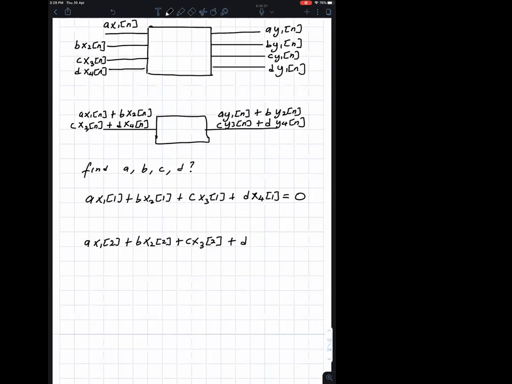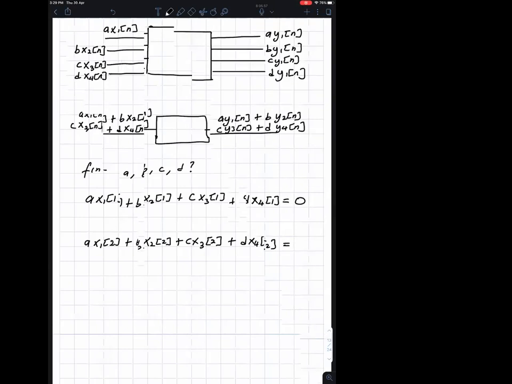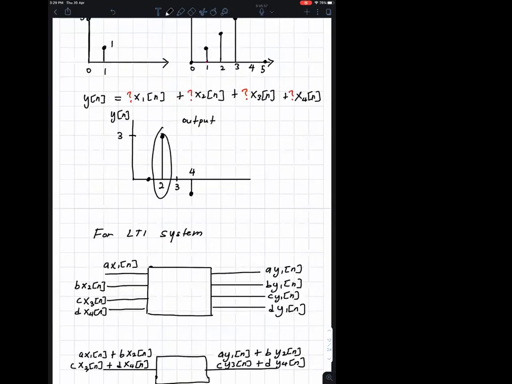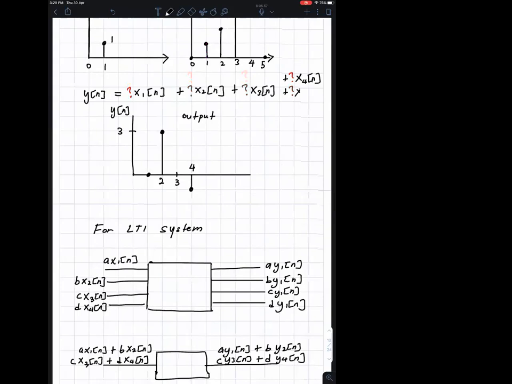This is equal to, looking at 2, we have a signal with an amplitude of 3. Therefore, you set it equal to 3.